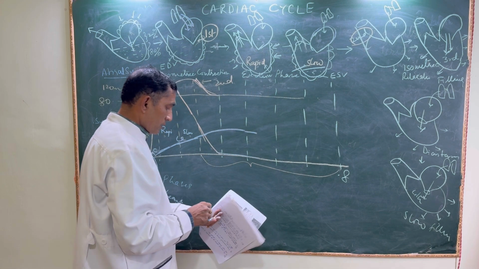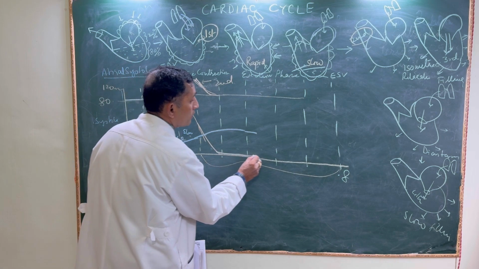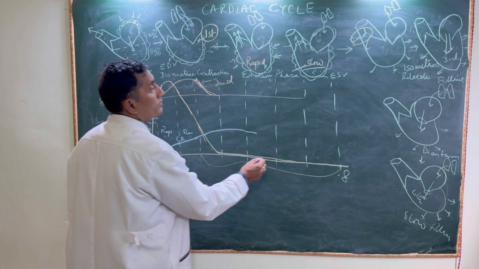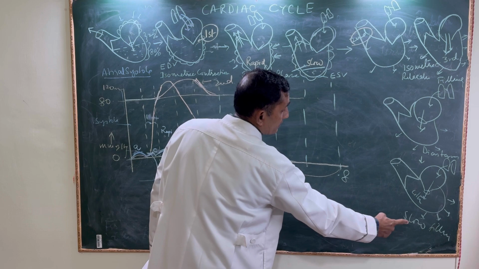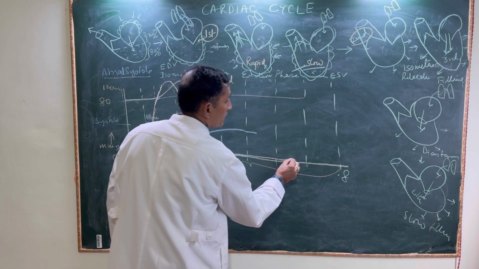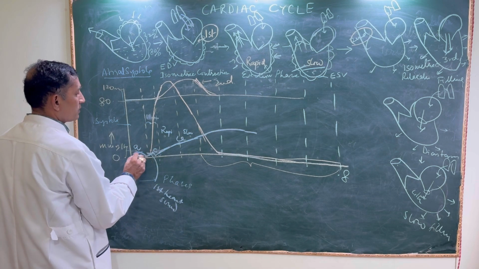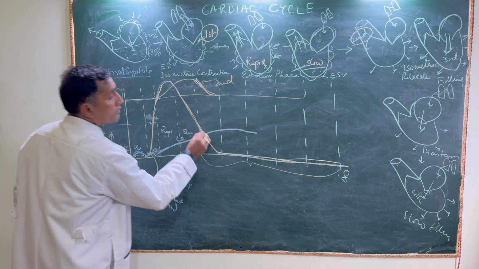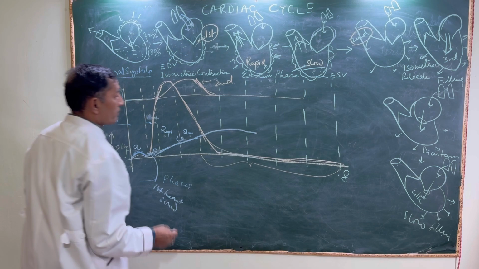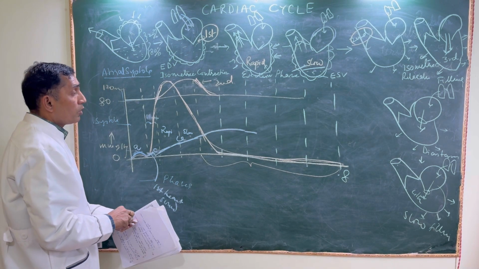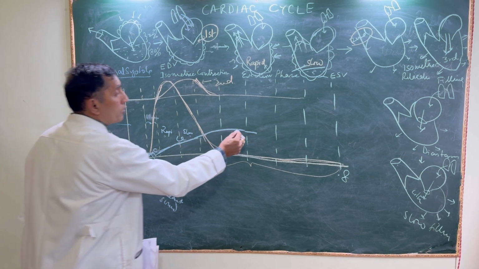In this, the pressure of the ventricle will come down. Then we have the isometric relaxation period, diastasis and the slow filling phase. This is the ventricular pressure, and this is the volume we can see.